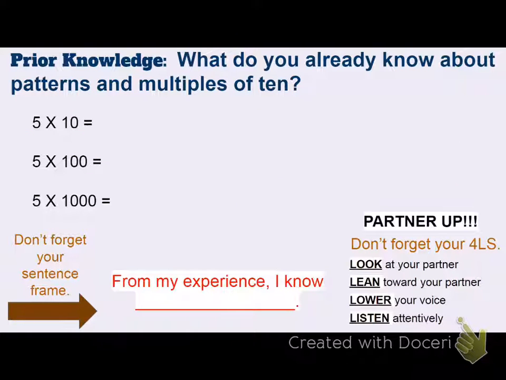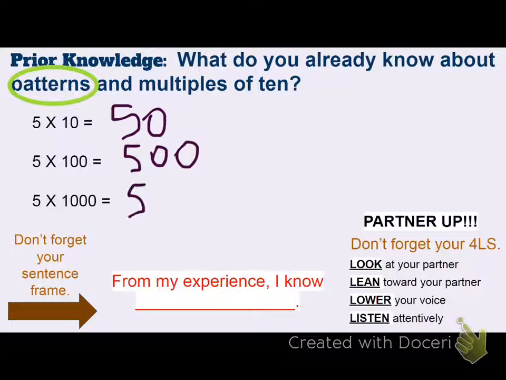All right, what do you already know about patterns and multiples of 10? Since I already told you our goal today has to do with patterns and solving things in your mind, something I already know is 5 times 10 is 50, 5 times 100 is 500, and 5 times 1,000 is 5,000.